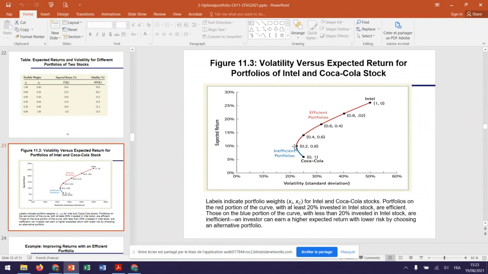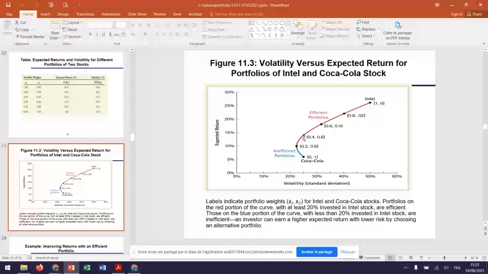After that, you can see here the zone where you are in the efficient portfolio. Between 20% in Intel and 80% in Coca-Cola up to 100% Coca-Cola, all this part of the frontier of your investment profile is inefficient. Do you understand what inefficient means? If I take the level of volatility of Coca-Cola, 25%, I can cross up to the red line.